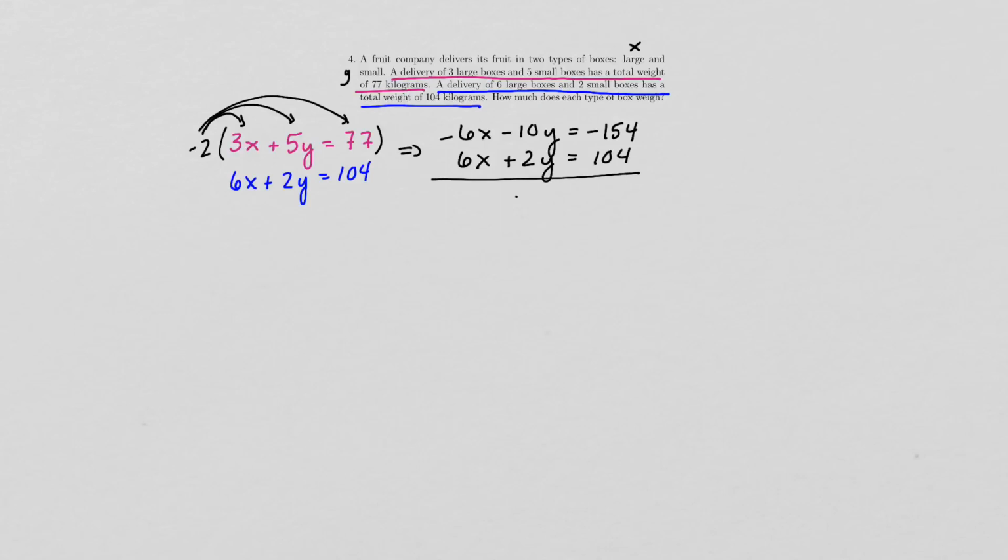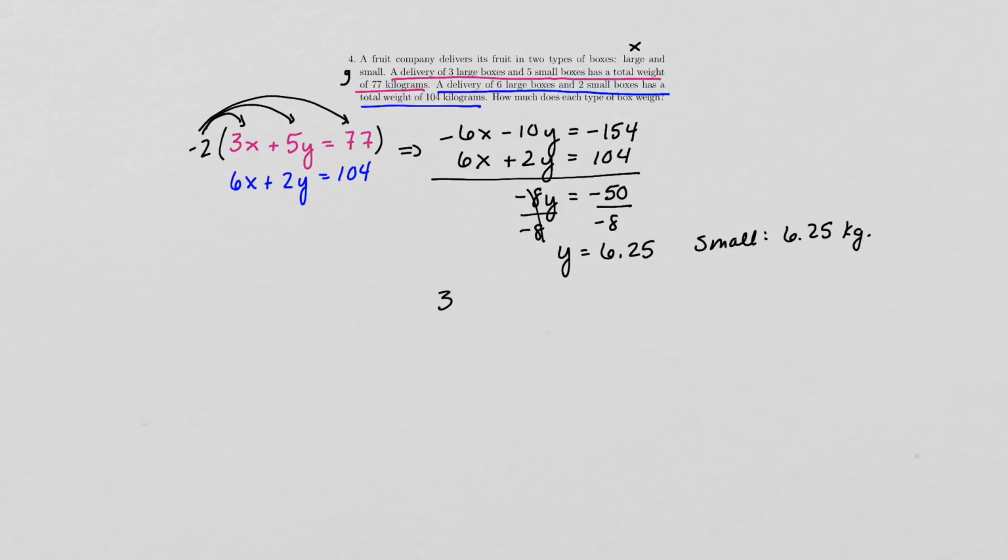And so if I add them together, I have minus 8y equals negative 50. If I divide both sides by negative 8, y is going to be, so negative 50 divided by negative 8 is 6.25. So we're talking about 6.25 kilograms for the small boxes. So the small are 6.25 kilograms.